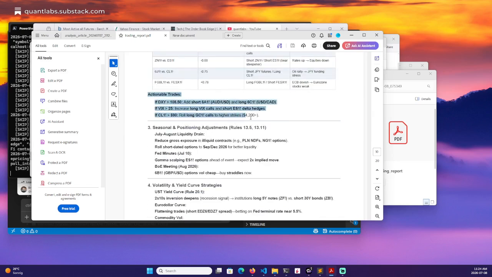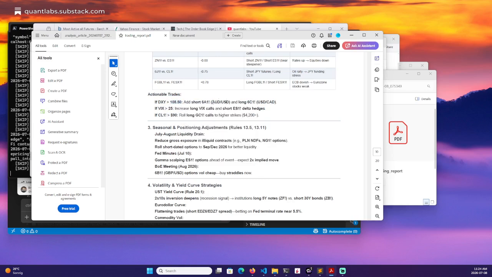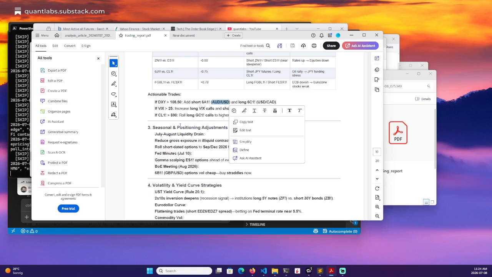So here again, actionable trades, and the other rare thing that people do not see is the actual hard number target, okay, for in this case, the Australian US dollar. That's what makes this very valuable, and that is what makes this eventually very pricey to know these sort of things.